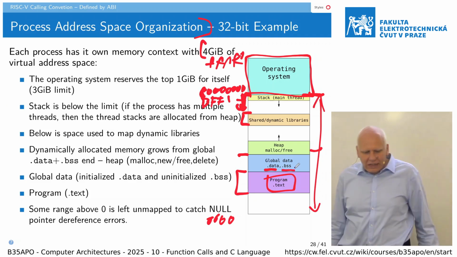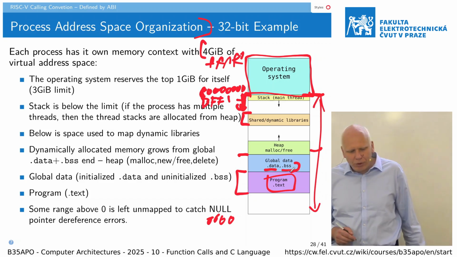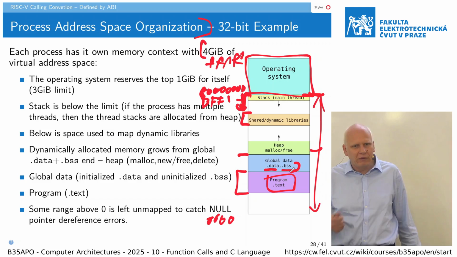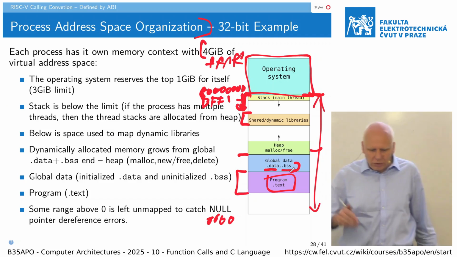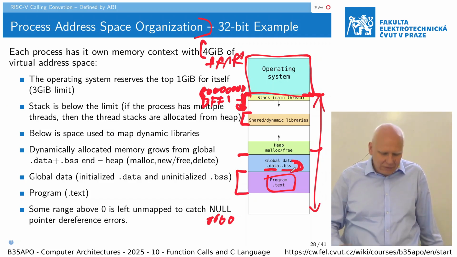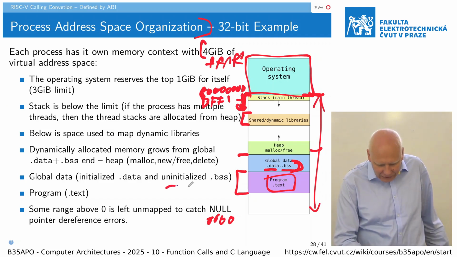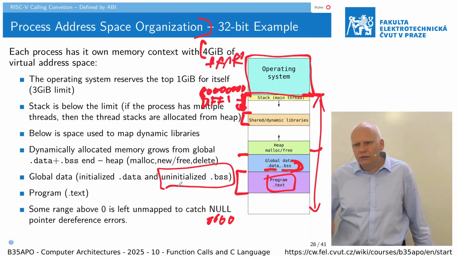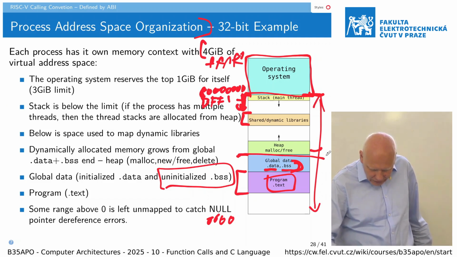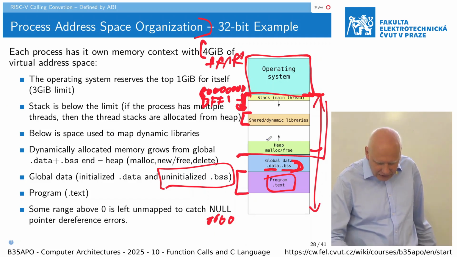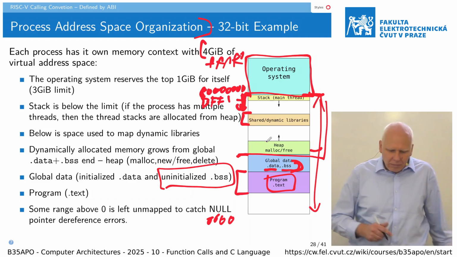Then there is a block starting by symbol, the area BSS, it is a historical name, but for C programs it is for global variables which do not have a value assigned in the code. Those are called uninitialized, and in the case of C, it means that they are initialized to 0, which is the rule for C. And then what is left, the rest of the address space, is used for the heap to allocate memory by malloc and so on.